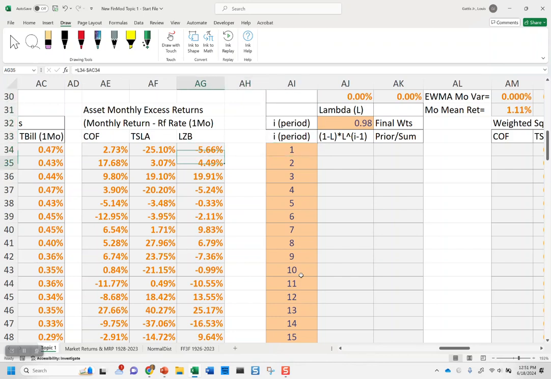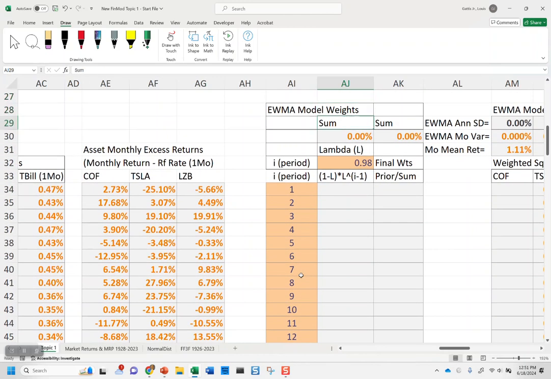So these are the observations of returns historically for, say, Capital One and the rest of the stocks. And now what I want to do is build a set of weights. This one is yesterday, the last month. This is the month before. This is 3 months ago, 4 months ago, 5 months ago. So I want a set of weights that gets smaller, but then adds up to 100%.